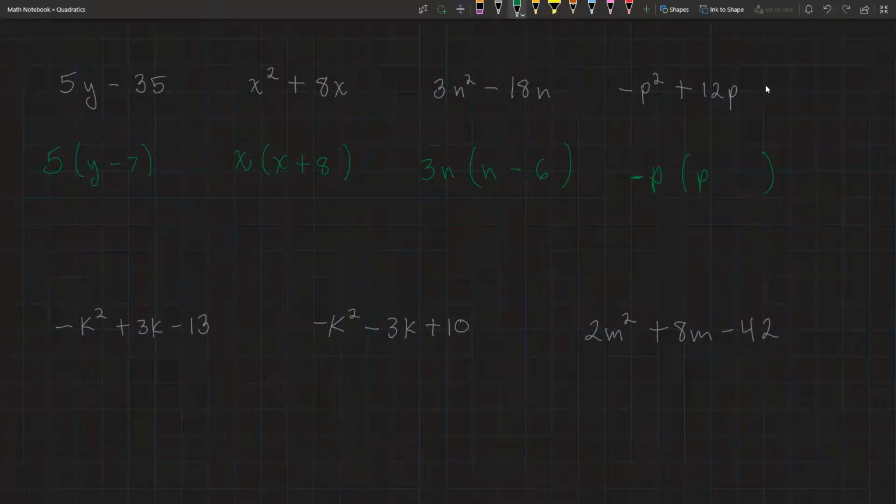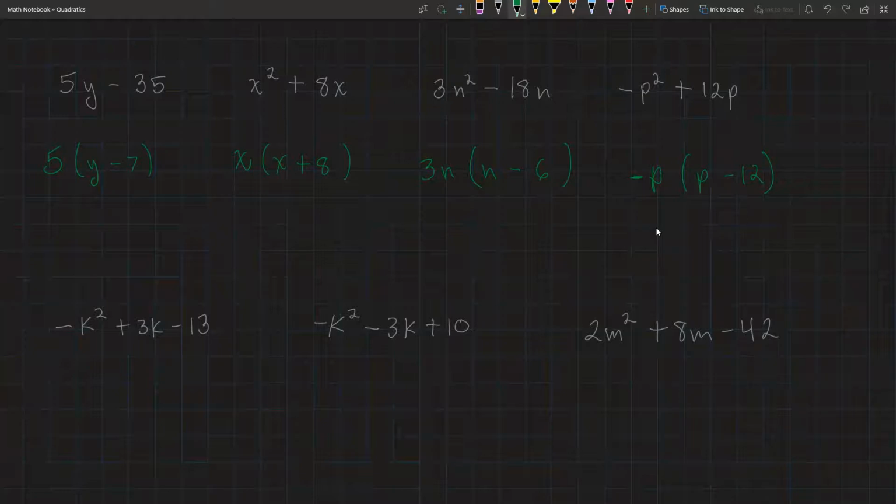And 12p divided by negative p, that's just negative 12. If you're not sure if your factored form is correct, again, distribute the GCF to what you think is the factored form. And then if you do get this in return, then you did it correctly. Otherwise, adjust your symbols or whatever you missed.